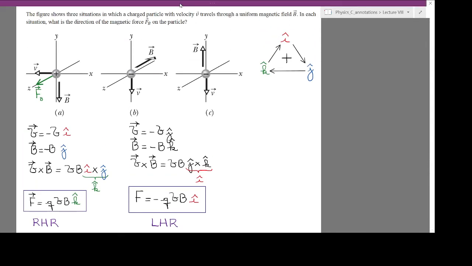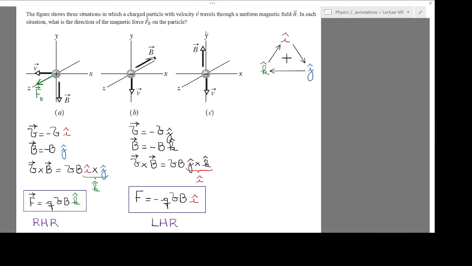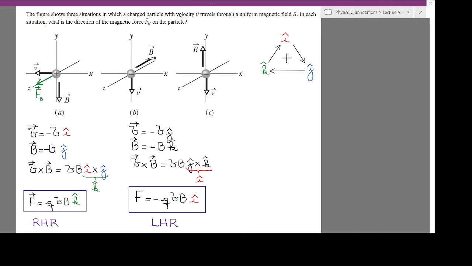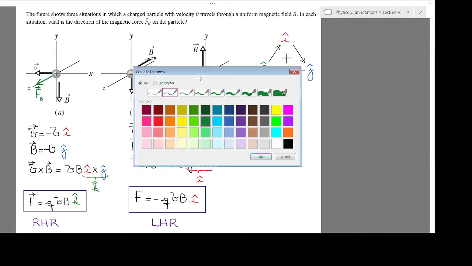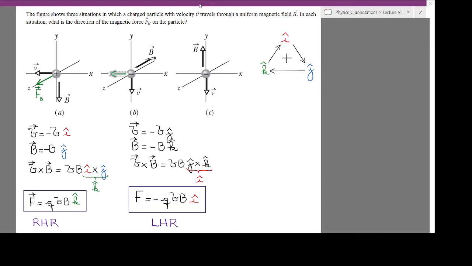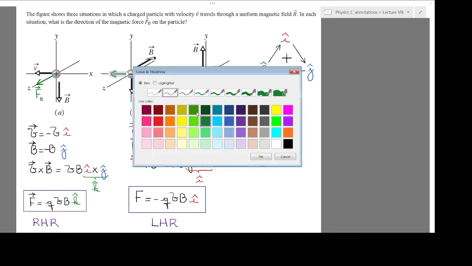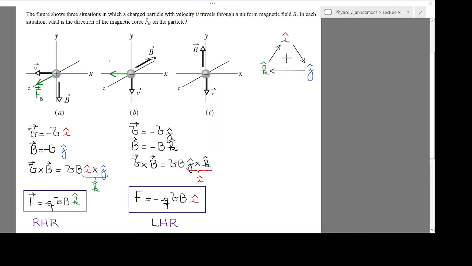You have to see that this magnetic force here is pointing left in our drawings. So this is pointing in this direction. Again, as I mentioned before, you can use the left hand rule to find this direction.